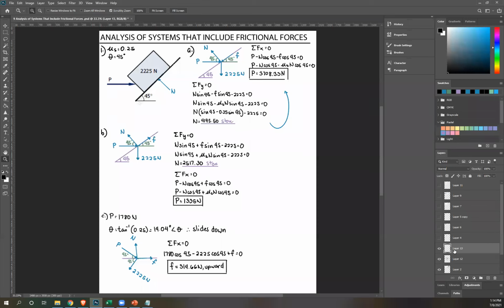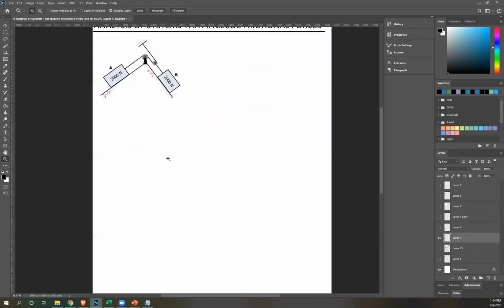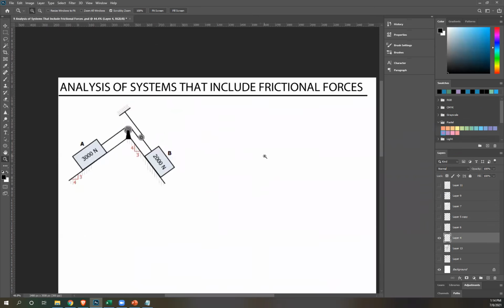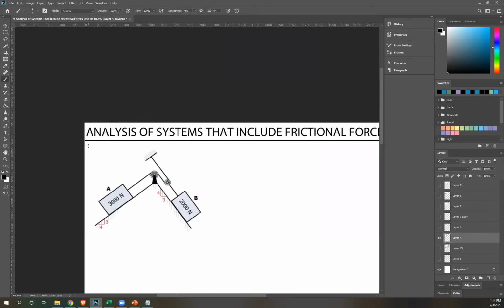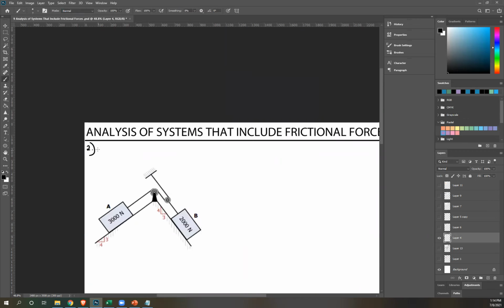So we have 2 blocks, and the goal is to get the friction force for each. Now that sounds easy, but in actual, it's a bit complicated. How come? Well, let's start first with writing out our givens.